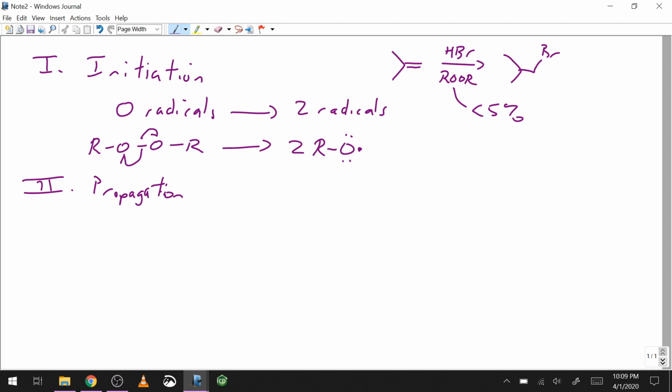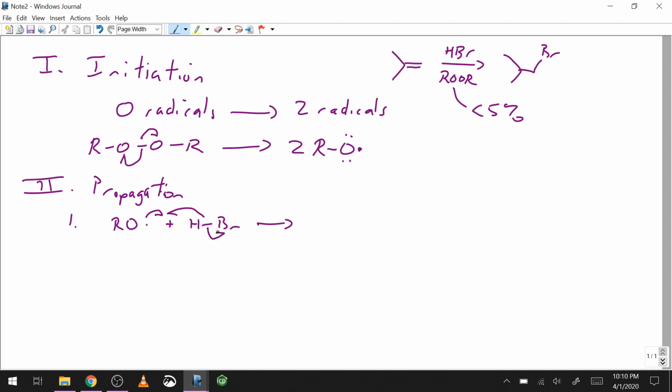So our first propagation step is going to basically be that initiator and HBr. Now, normally, we're not going to see hydrogens floating around as individual radicals. They typically get used up by something else. So in this case, this is what a radical bond formation looks like. I'm bringing together 2 of them, and the HBr bond is going to split.